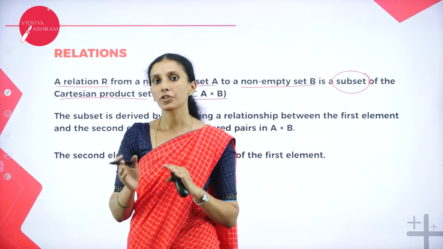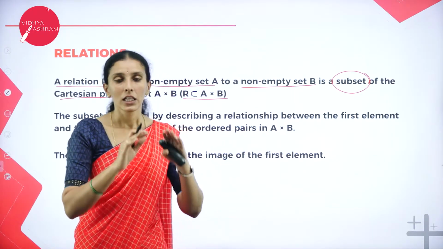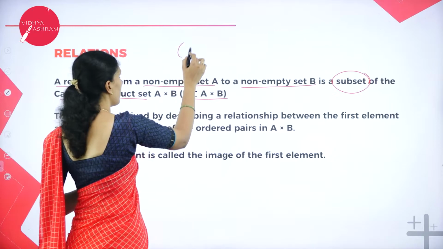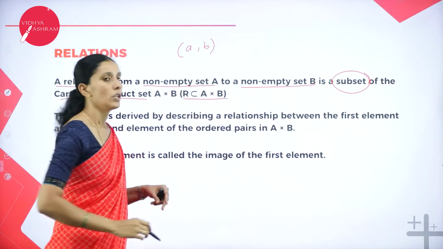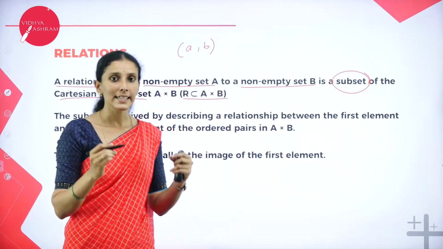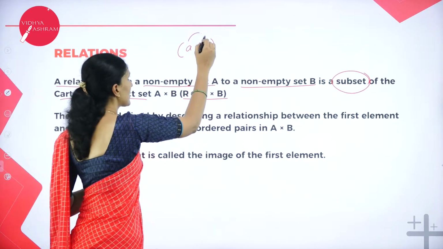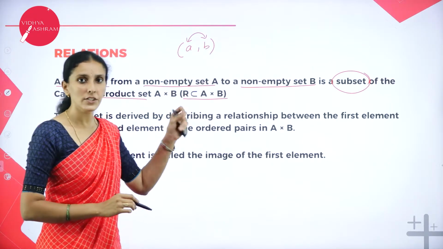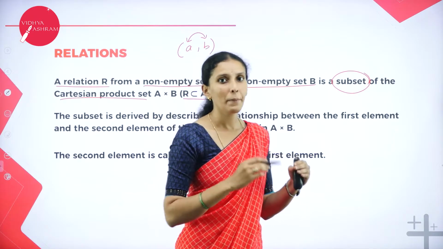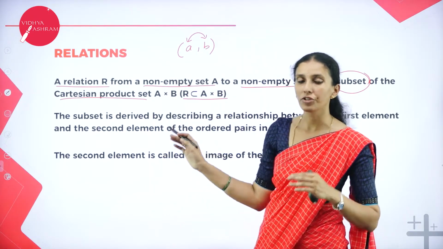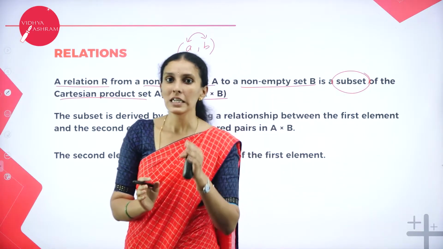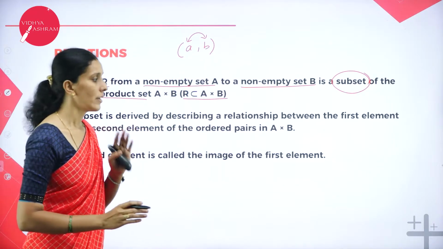We know that the Cartesian product is written in the form of ordered pairs. So a relation is derived by describing the relation between these two elements. The elements having the described relationship can only be written in the set R, that is, the relation.